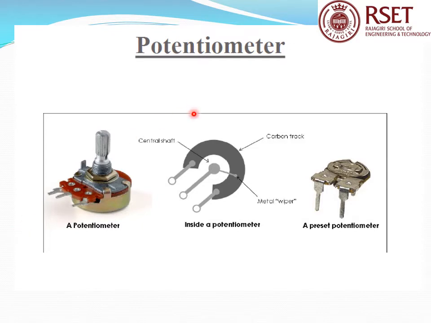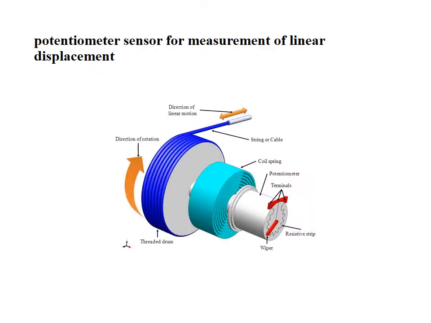There are different types of potentiometers popularly used, such as the inside potentiometer and the preset potentiometer. A common example of this type of potentiometer is the regulator in a fan, popularly used in household applications.